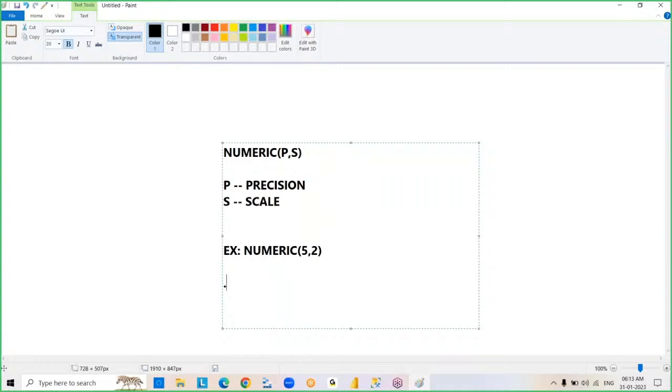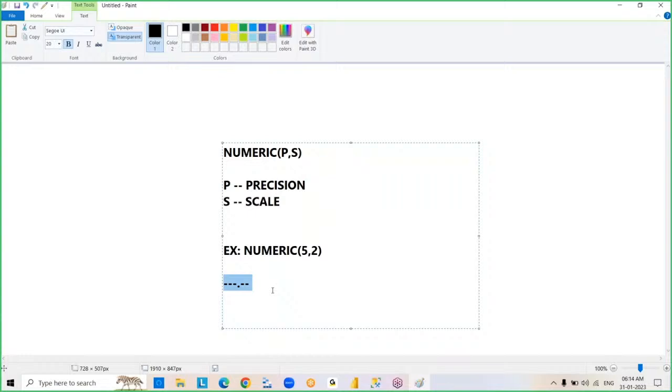What is the scale value? 2. Scale is 2. That means you can go for 2 digits after the decimal point. So this value is scale and the overall value is precision. This is the numeric data type. Is it clear or any questions, please?